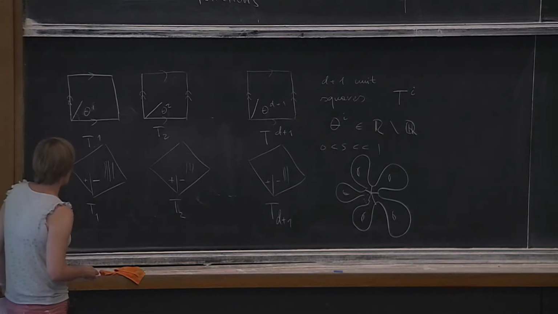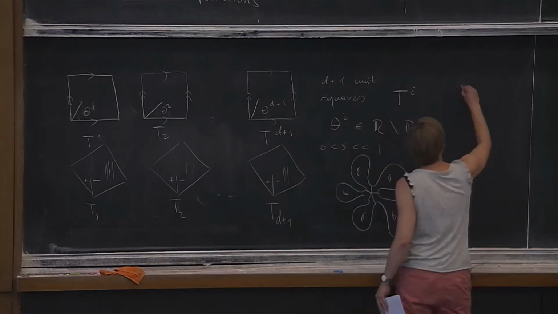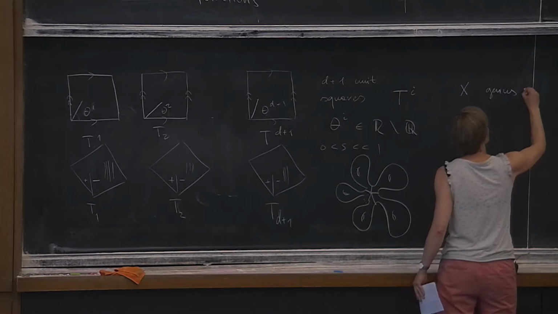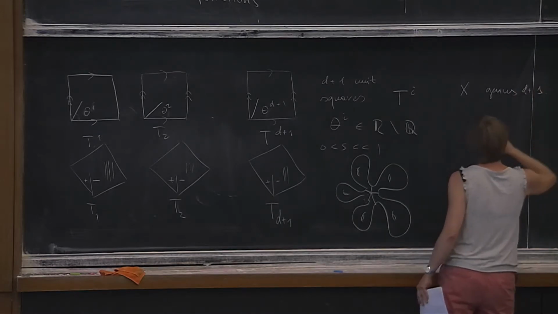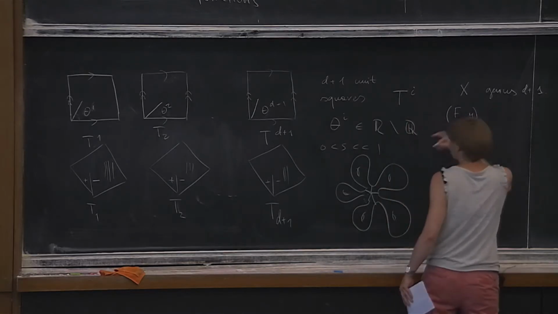Okay, and so I get a surface X of genus D plus 1, and then I get this vertical foliation.